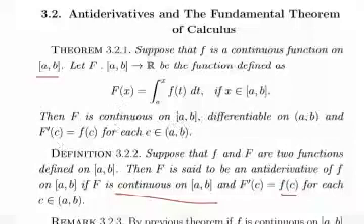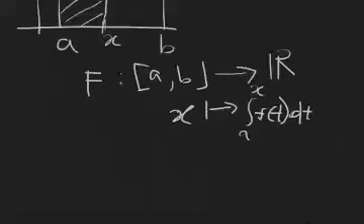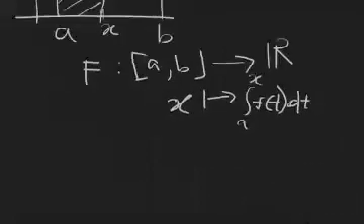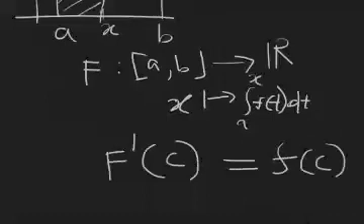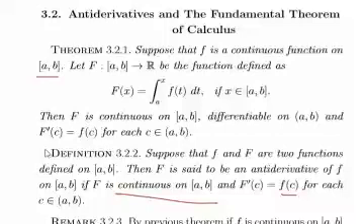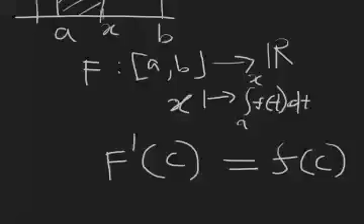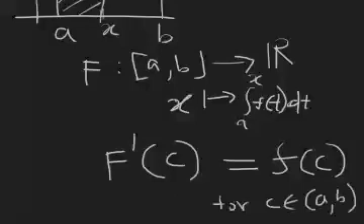And uppercase F prime of c is the same as lowercase f of c, for each c in this open interval, right?